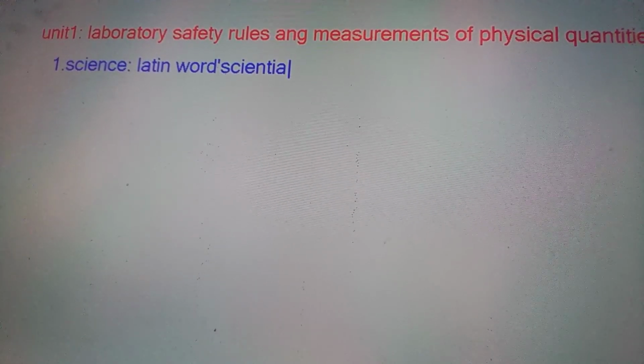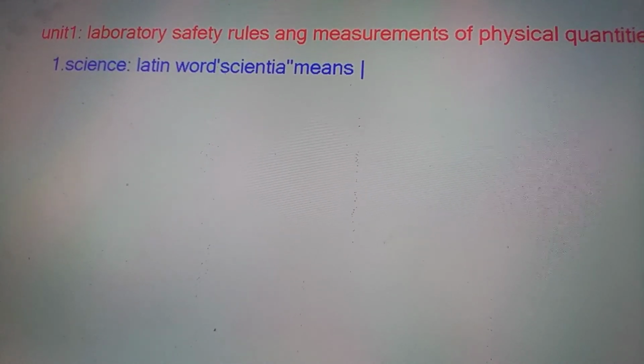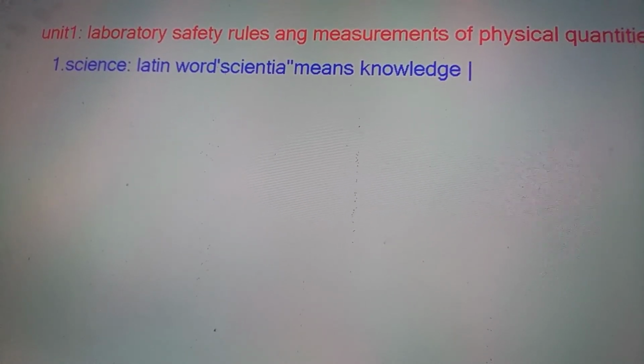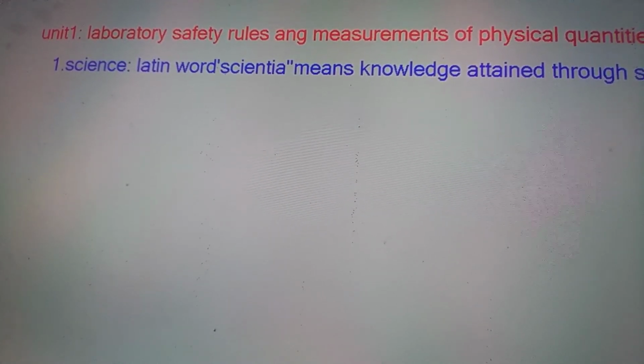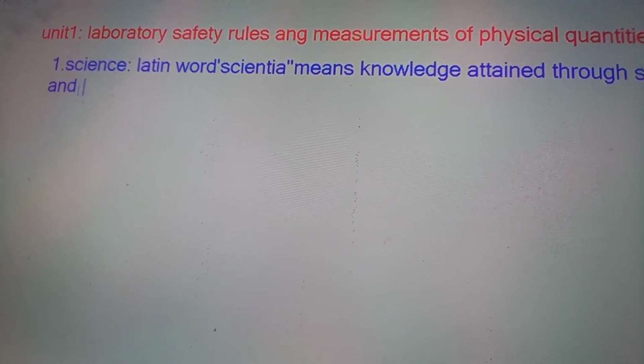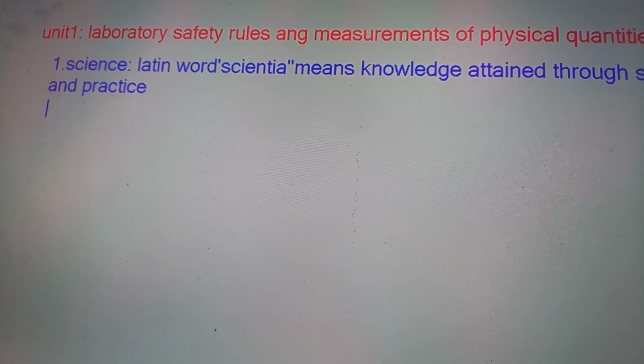This term scientia means knowledge attained through study and practice. So this is the first word, science.